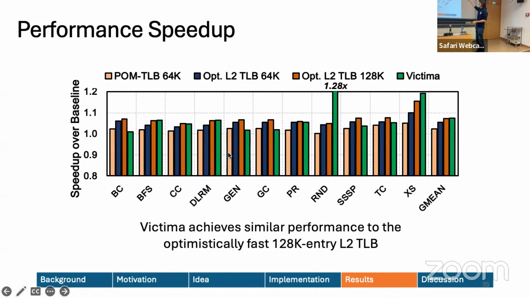At the top, we have some alternative approaches: a software managed TLB with 64,000 entries, and the other 2 are a 64,000-entry hardware TLB or a 128,000-entry hardware TLB with optimistic access latencies, so fewer than those I cited earlier. We see that even with these optimistic assumptions, Victima outperforms all other solutions that we compare to. So it's faster in these benchmarks.